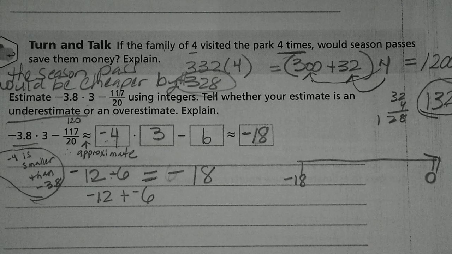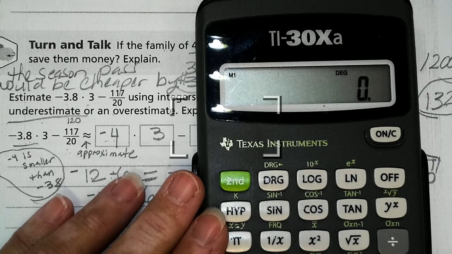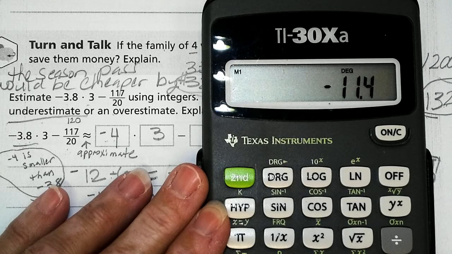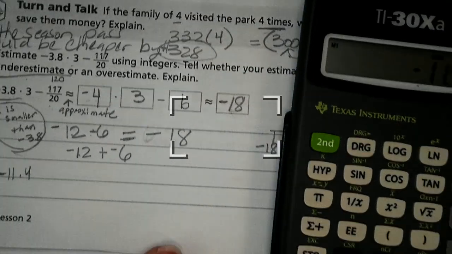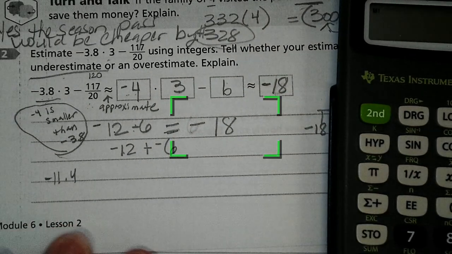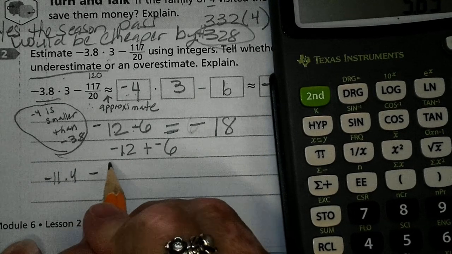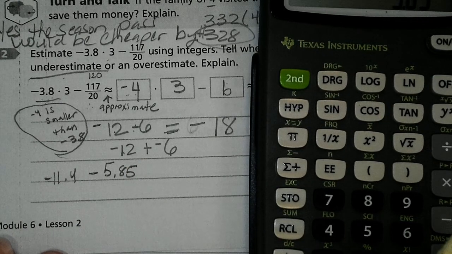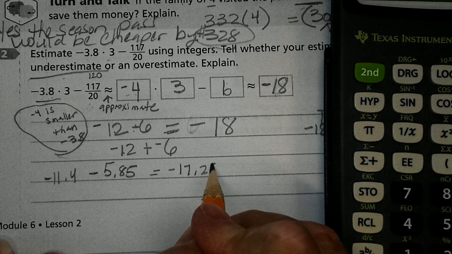Okay? Because if I actually do the actual answer, let's multiply it out. If I do -3.8 times 3, I get -11.4. I'm going to have to write it so I can see it. And then if I do 117 divided by 20, I get a -5 and 85/100. So if I add those together, I end up with -17.25.